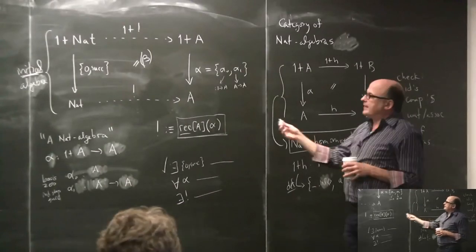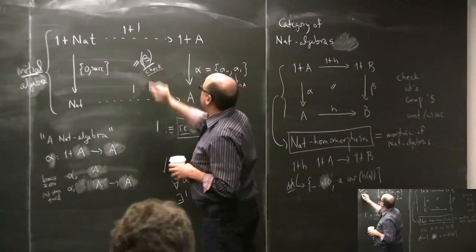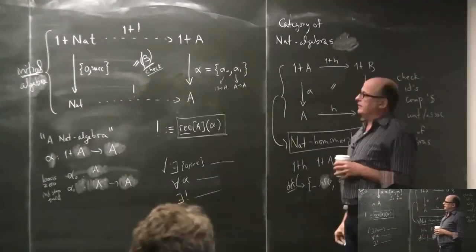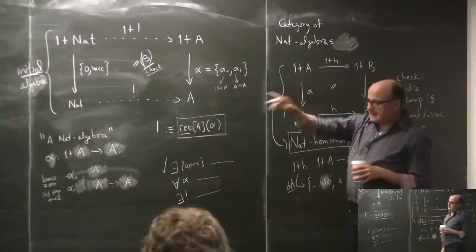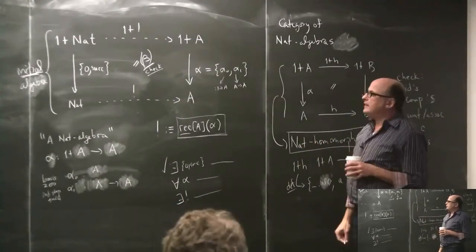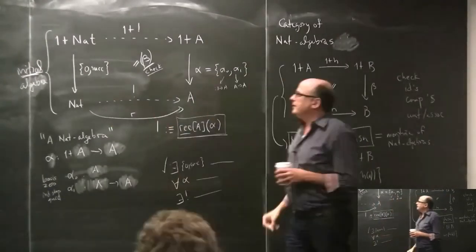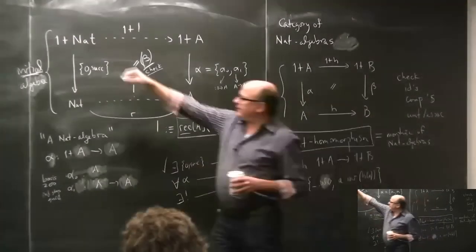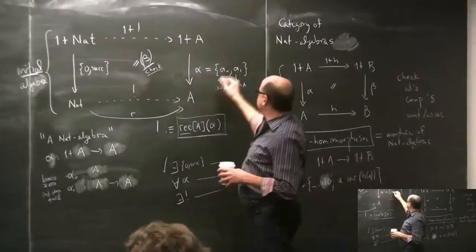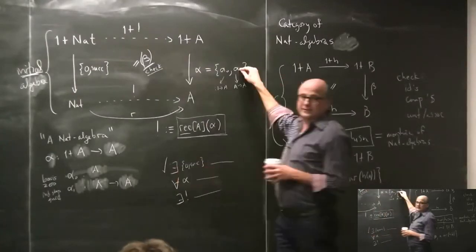So you can check this. I won't write it all out at the board, but you should check that. So the mere commutation of that diagram is exactly the beta rules. So what are the eta rules? Well, the eta rules say if you gave me any other mapping, let's call it R here, which acts like the recursor, meaning that on 0 it is alpha naught, and on successor it's alpha 1.